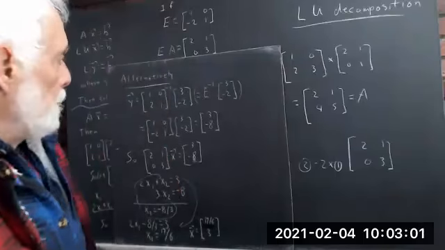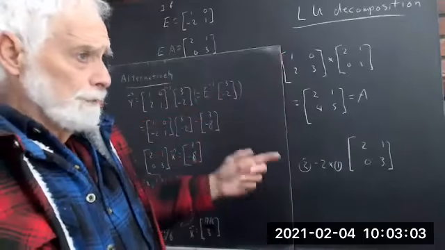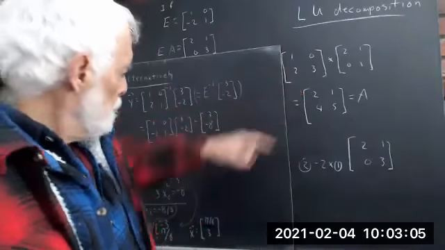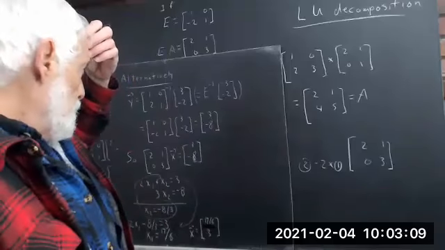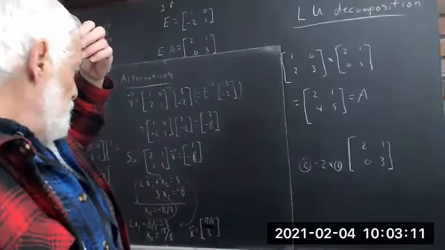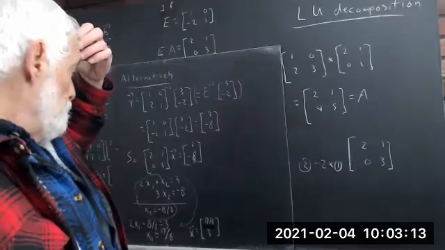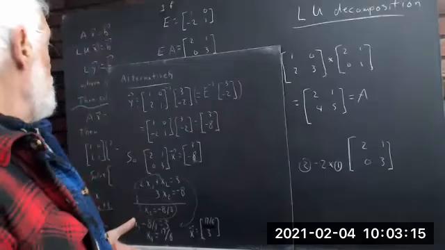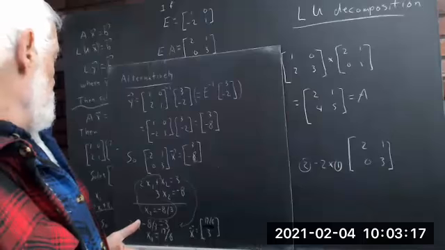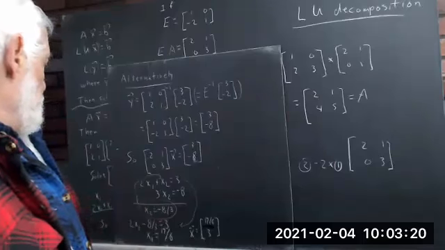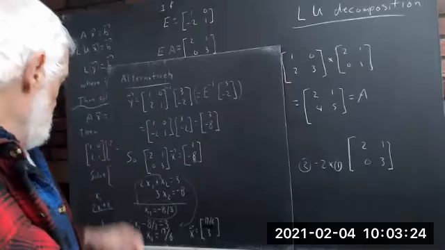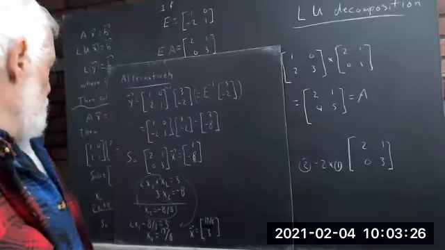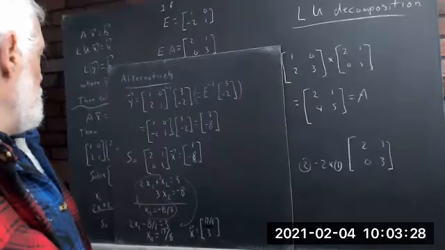Okay, so let's see if that works. Keep my fingers crossed. 2 times 17/6 is 17/3. And 1 times 3 is 3, so something's wrong. Okay, obviously I made some kind of a mistake at some point. I wrote these equations down correctly.